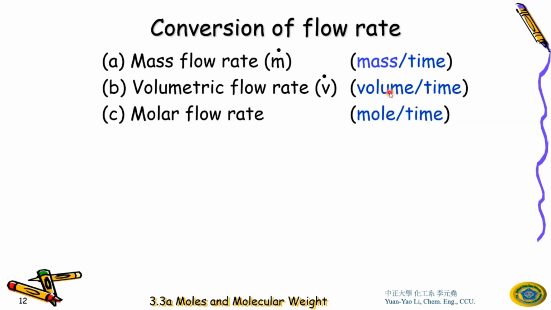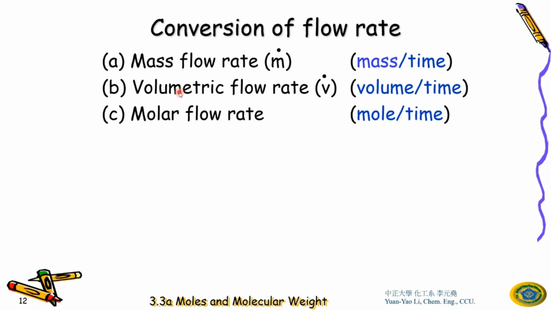So from here to here, you use what? The conversion factor of density, right? How about from mass to mole? What's the conversion factor of this? Molecular weight, right? Okay, so this might be your Kahoot next week.